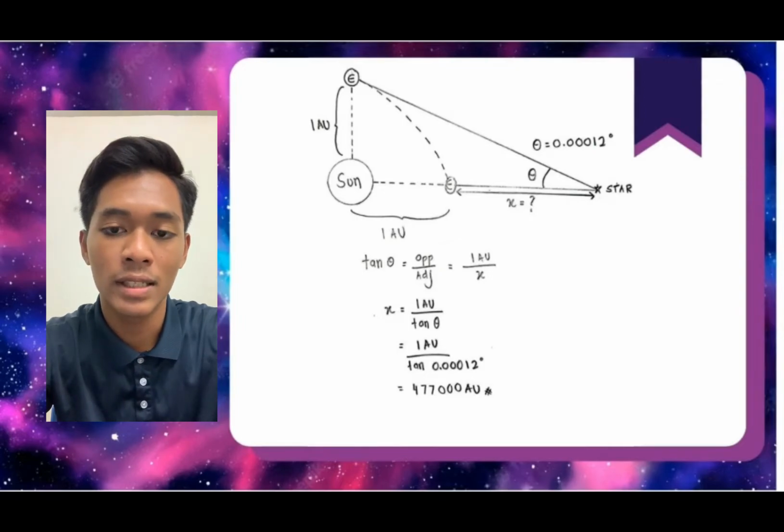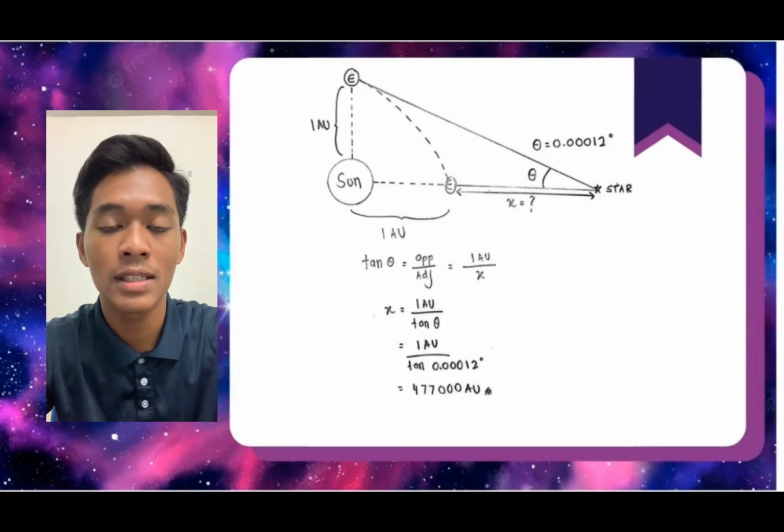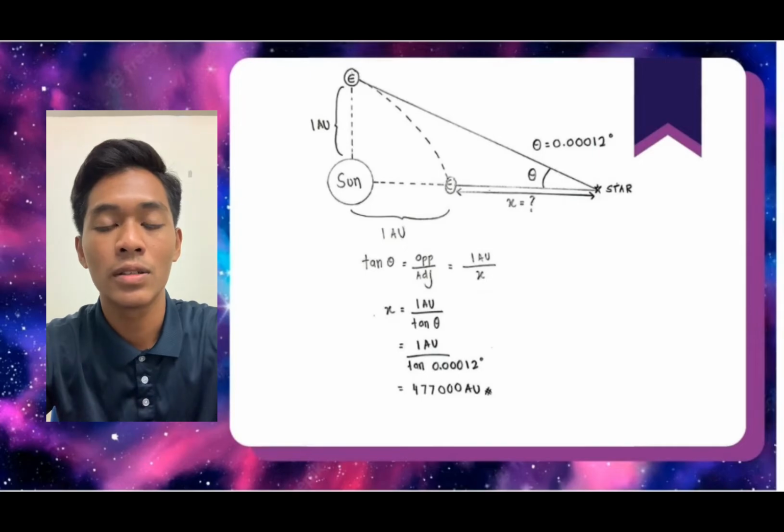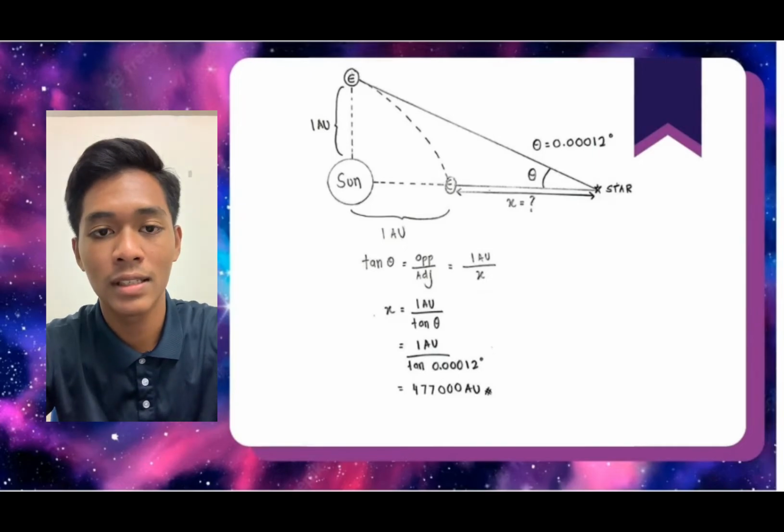The picture on the slide is a question about calculating the distance between the sun and the star. So let's start solving the question. The question shows the opposite is 1 astronomical unit and the adjacent is x. The question asks us to find x.